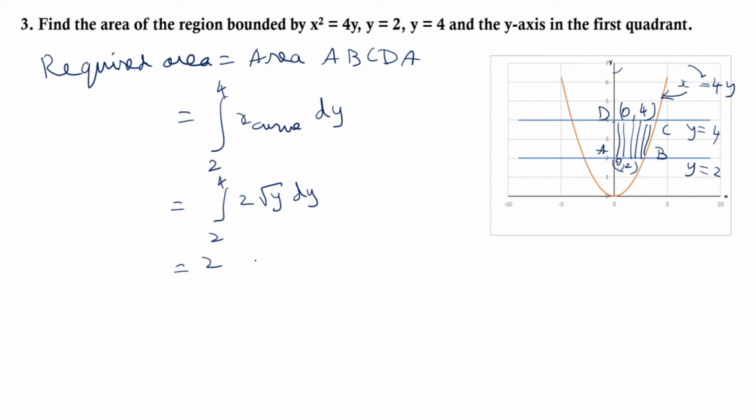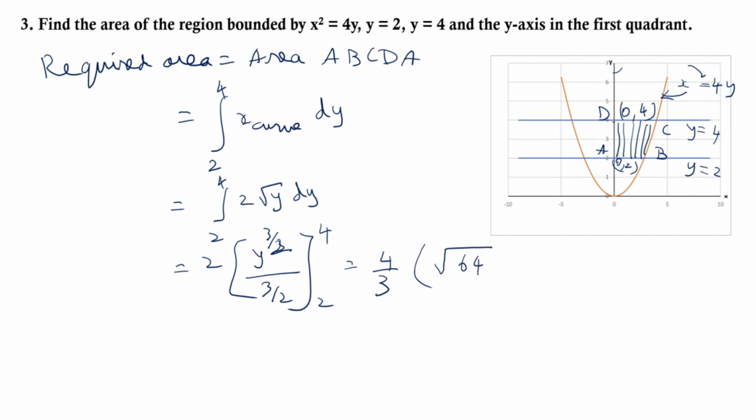That is equal to 2 into y raised to 3 by 2 divided by 3 by 2, within the limits 2 to 4. So this is equal to 4 by 3 into root of 4 cube, which is 64, minus root 8.